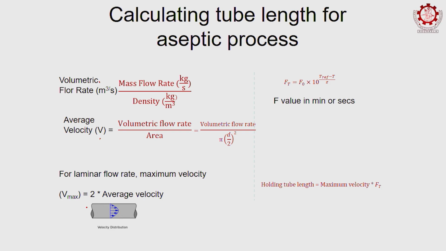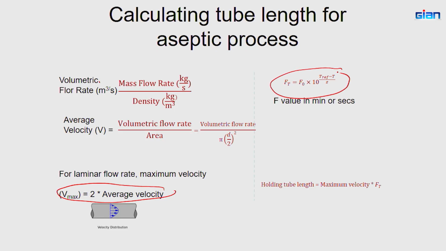From the average velocity, you calculate the length times the average velocity, and then from there you also calculate your processing time, and from here you can calculate the holding tube length, using the maximum velocity, which comes. So, this is kind of what you do.